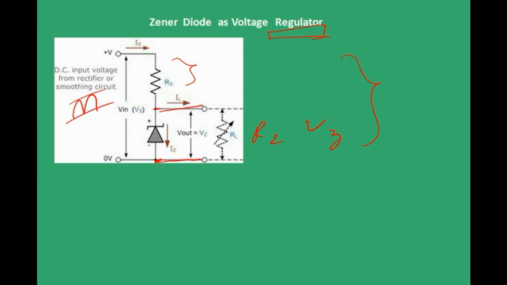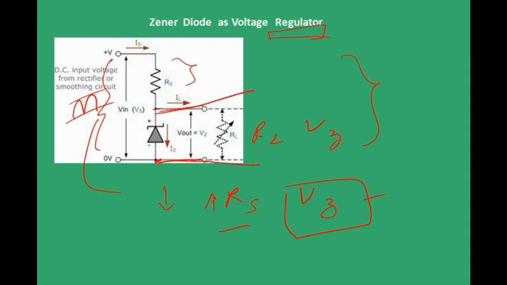If the net input voltage that is coming decreases suddenly, then what happens? The voltage across RS decreases, not that across the Zener diode. Voltage across Zener diode still remains the same, and if the voltage increases, the potential difference across RS increases. If the input voltage decreases, potential across RS only decreases, and hence the change is manifested in RS, not in the diode, and hence this is constant.